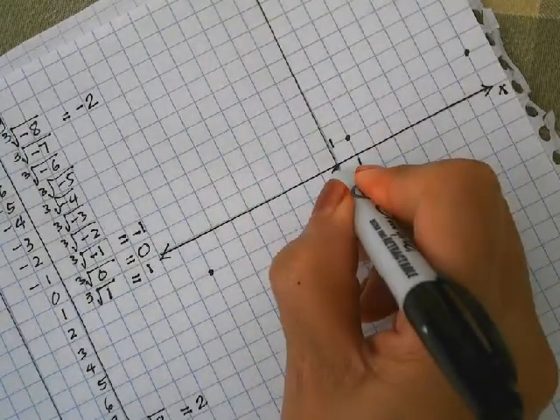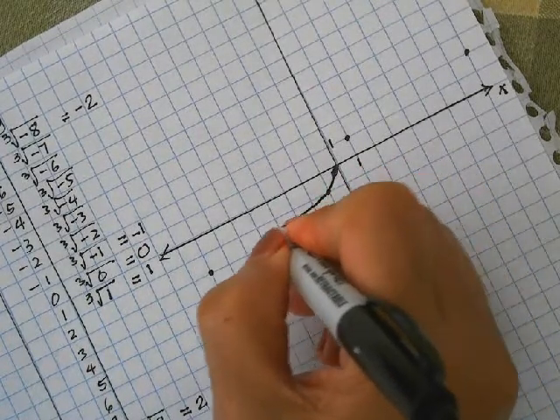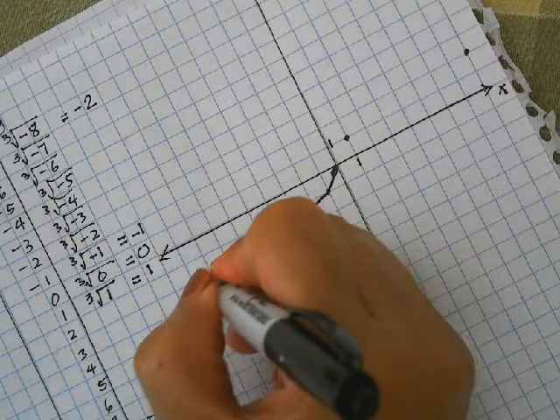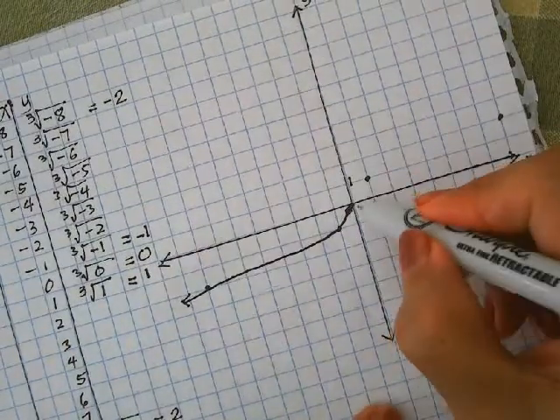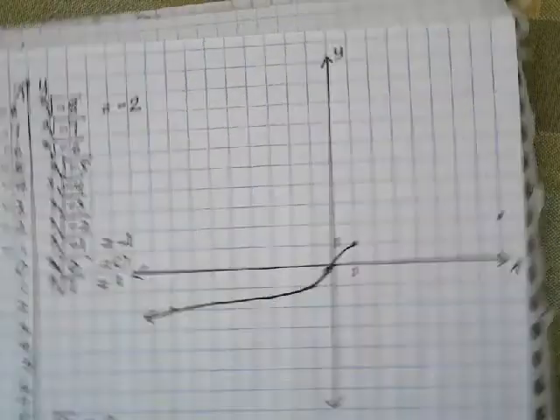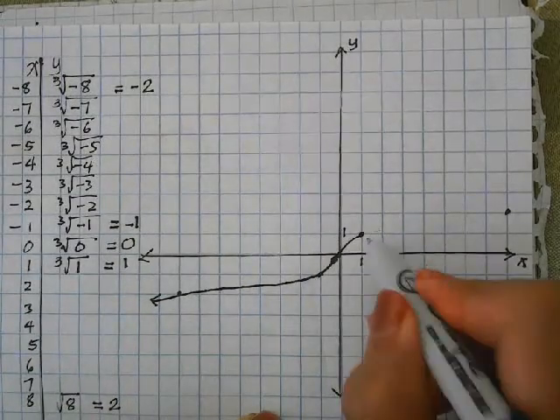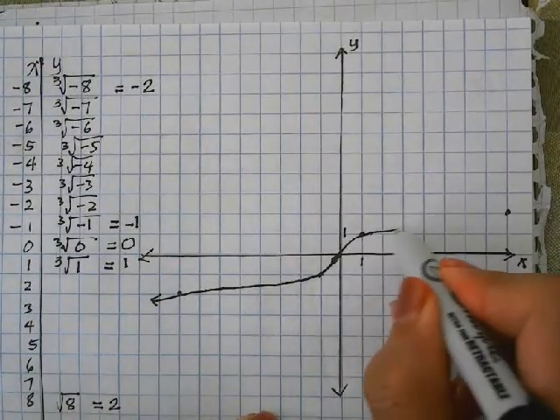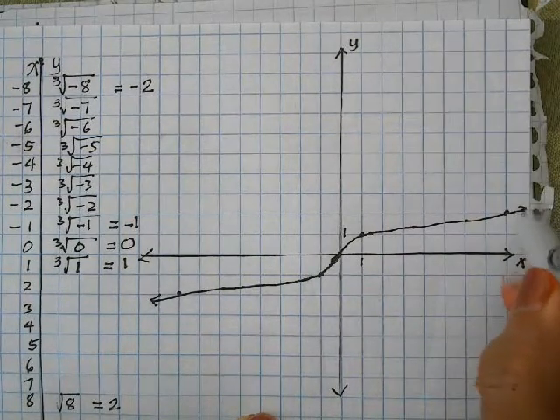So I'm just going to do this slowly, and try to reach this arrowhead. And on the other side, also make it a curve. It is not a straight line, you have to curve it, and then slowly try to reach that other point.